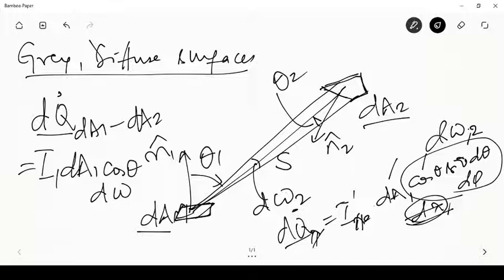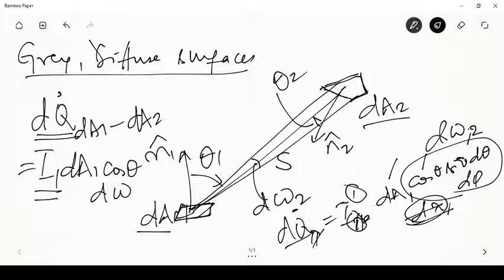So you get the energy in all wavelengths that is emitted from surface 1 and arrives on surface 2, which will be I1. I have removed the direction superscript prime from here, and I have removed the lambda from here. So it is becoming a gray diffuse intensity.